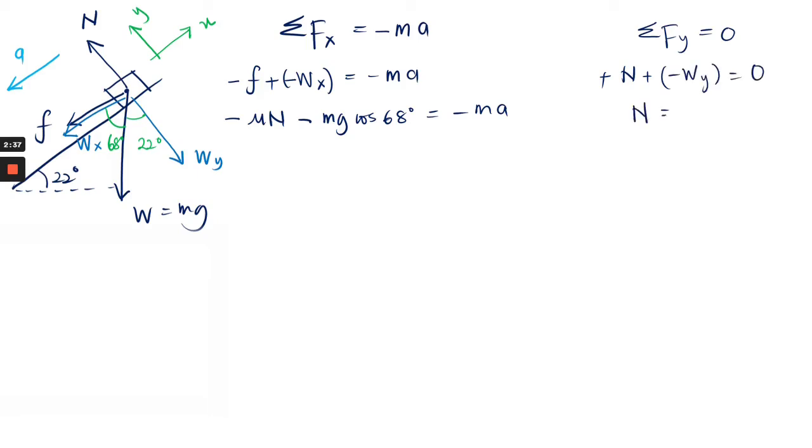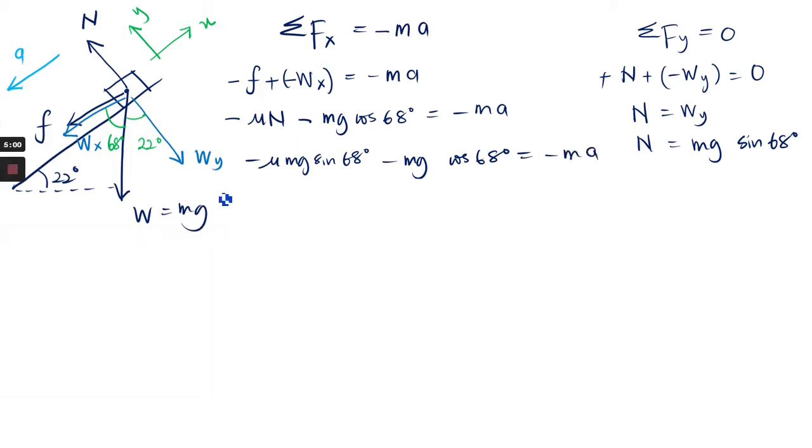So N is equal to Wy, or we can write N is equal to mg sin 98 degrees. Afterward we can substitute into the original formula, so that mu multiplied by mg sin 98 degrees minus mg cos 98 degrees is equal to negative ma.